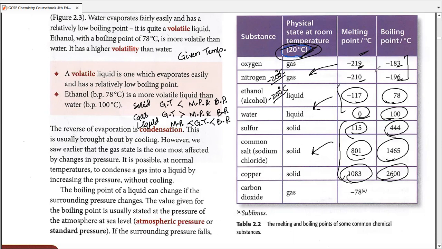It lies exactly in between. Nitrogen would be liquid at this temperature. Make sense?